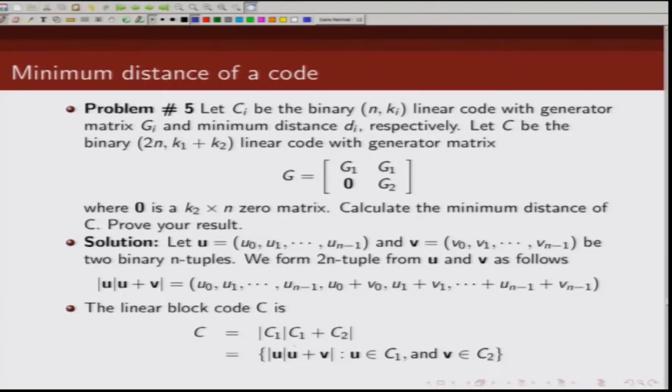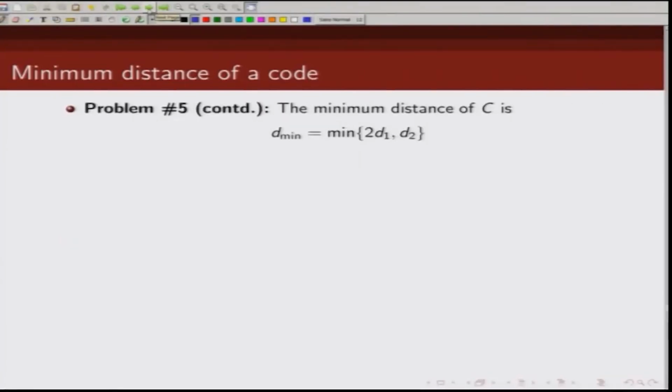As I said, our new linear block code C of length 2n can be written in this form, where you have a code word u of length n which belongs to C1, and the second n-bit part is u plus v, where u belongs to C1 and v belongs to C2. Now, we will show that the minimum distance of the code is the minimum of 2d1 or d2, where d2 is the minimum distance of the code (n, k2) and d1 is the minimum distance of the code (n, k1).